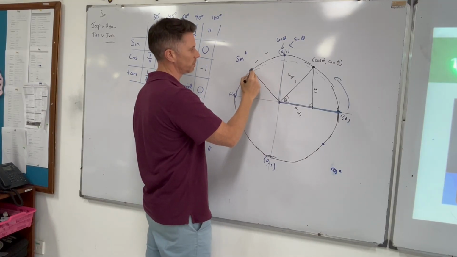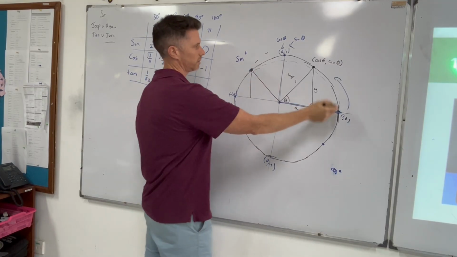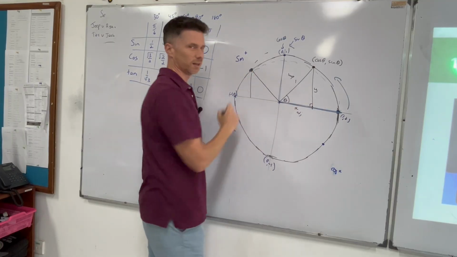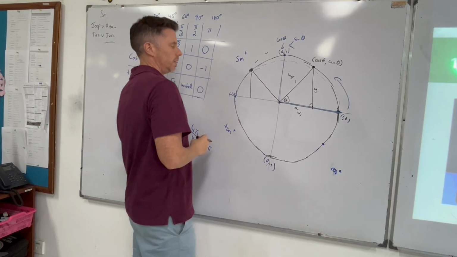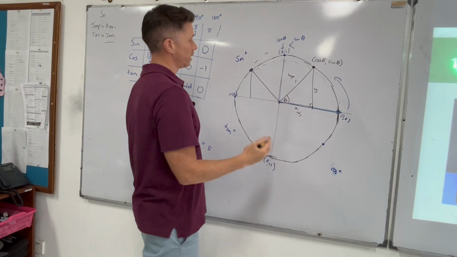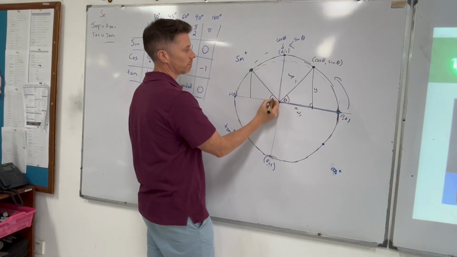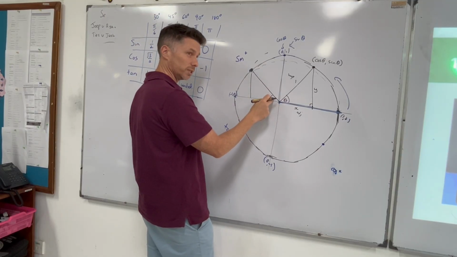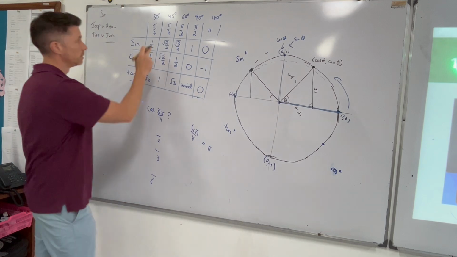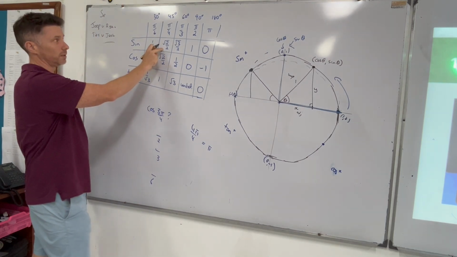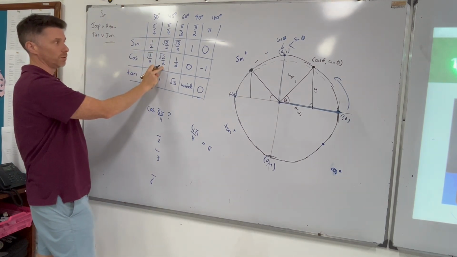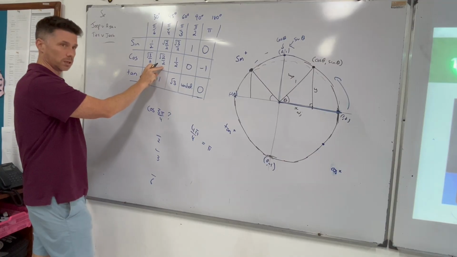So I think about this triangle, not this one, which would not be a right angle triangle. I like right angle triangles. I'll deal with this triangle and think about what this angle would give. It would give root 2 over 2 for sine and root 2 over 2 for cosine.